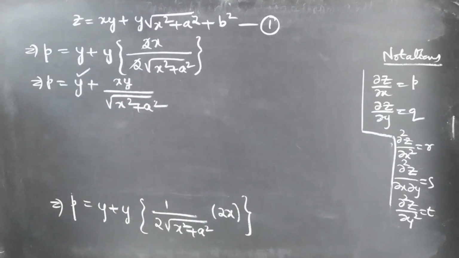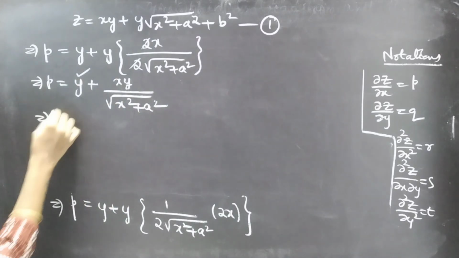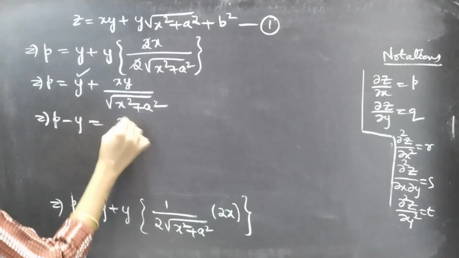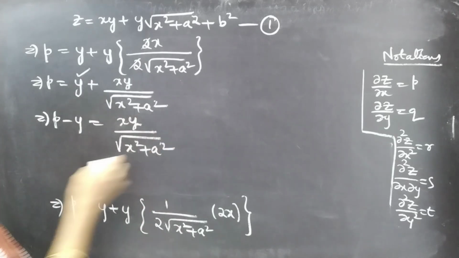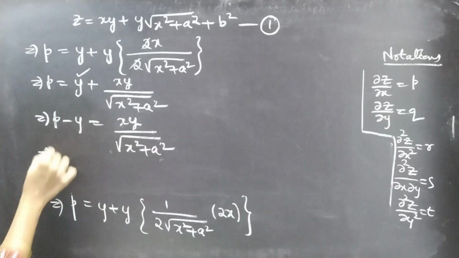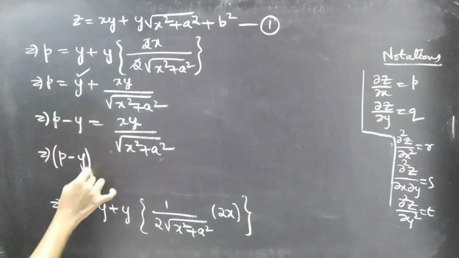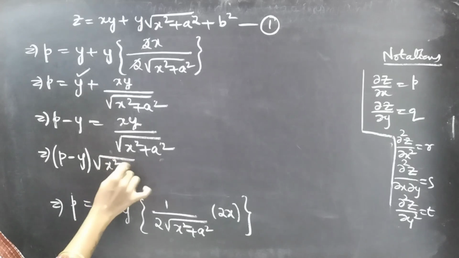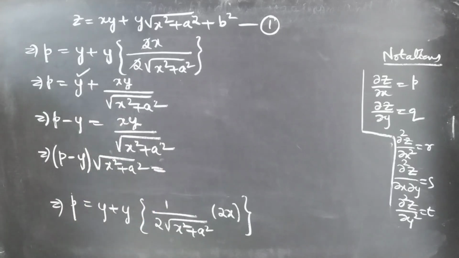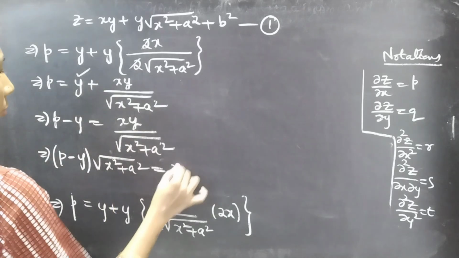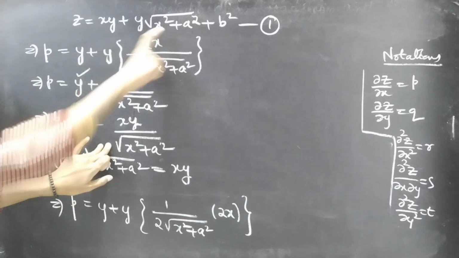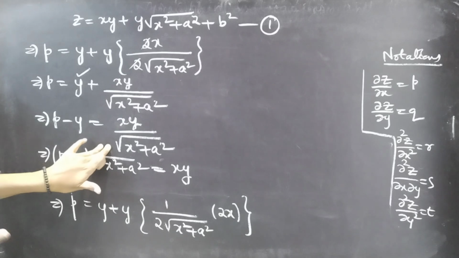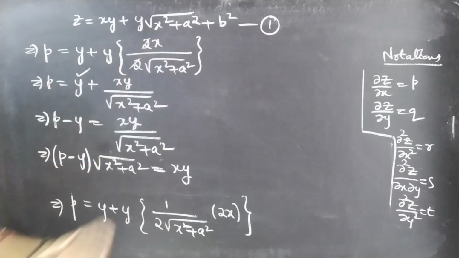Now bring this y to LHS, you will get p minus y equal to xy by square root of x square plus a square. Now take this to LHS, you will get p minus y into square root of x square plus a square equal to xy. You can just stop here, but by observing 1, you can think of replacing square root of x square plus a square.